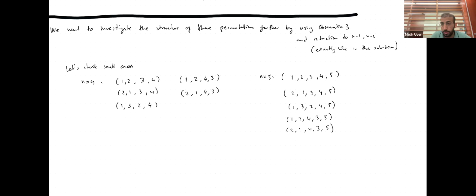Alternatively, if the last terms are like this, then we should have permutations of 3 coming here.